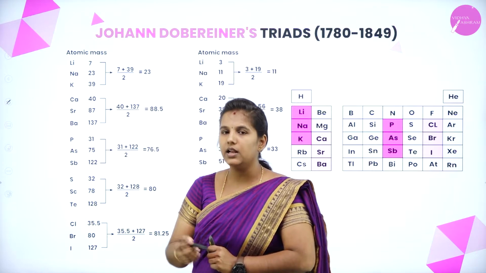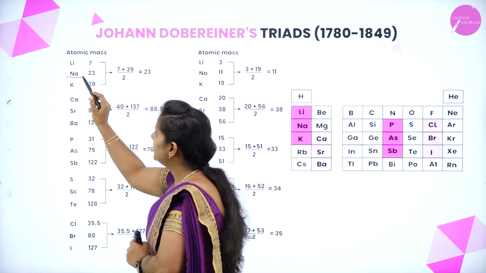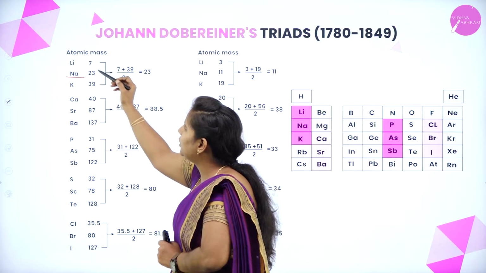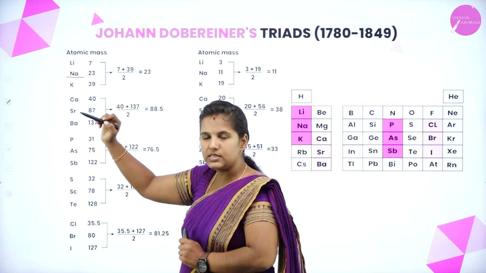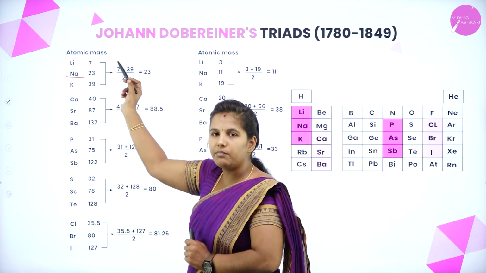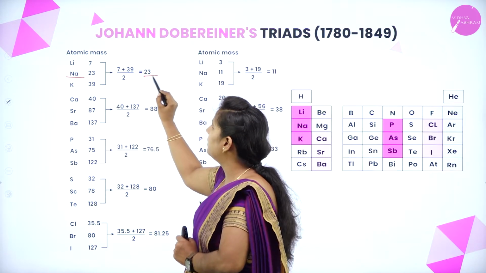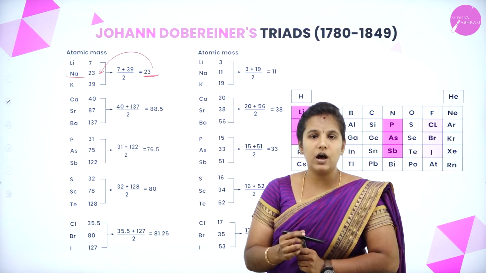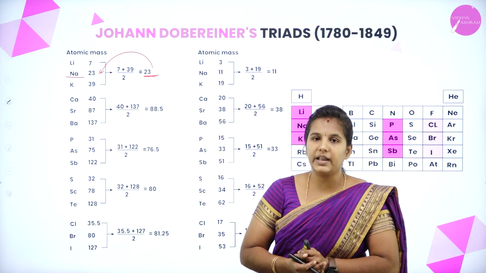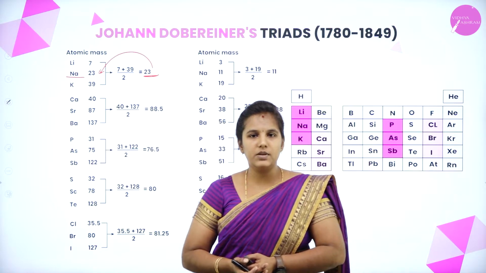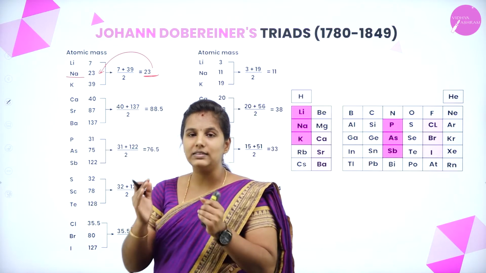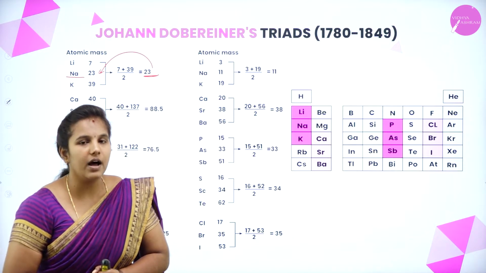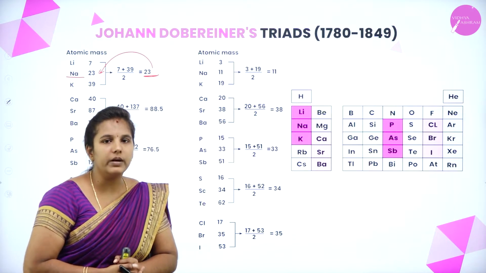He says that the atomic mass of the middle element can be obtained by adding the atomic masses of the first and last element and taking the arithmetic mean. This will be the atomic mass of the middle element. This is how, based on similar characteristics, he grouped them as three elements in the form of a triad.